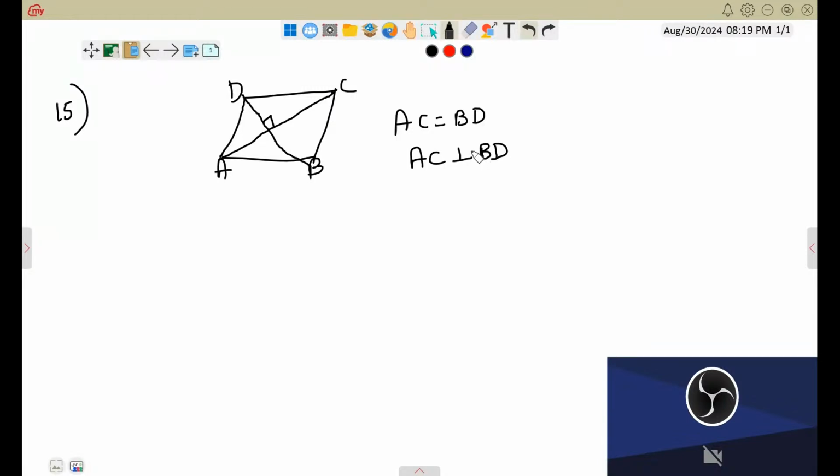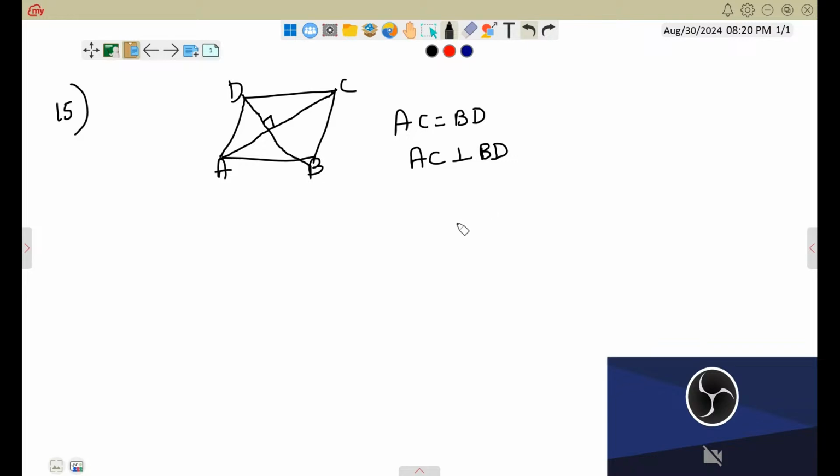Then what is ABCD? What is the possibility of ABCD? Any guess? If you observe the question, they given ABCD is a parallelogram.